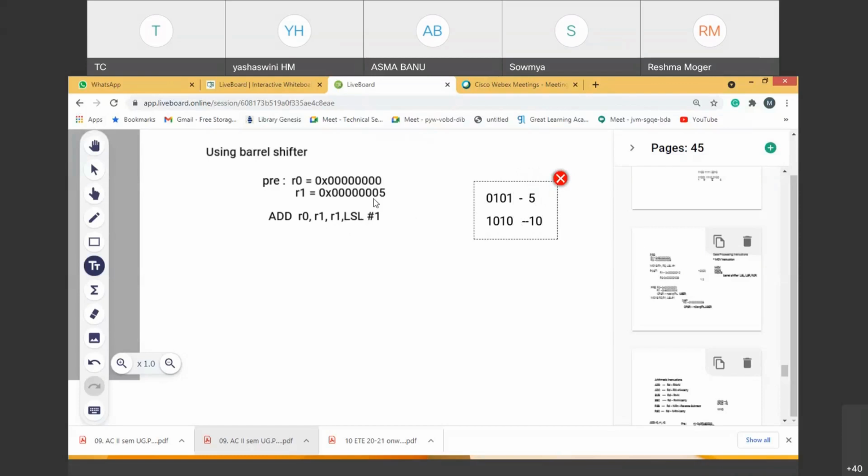But R1 is 5, and the shifted one is 10. 5 plus 10 we are doing. I'll get F, or 15 in decimal. So the result we obtained is 15, and you should write that over here.